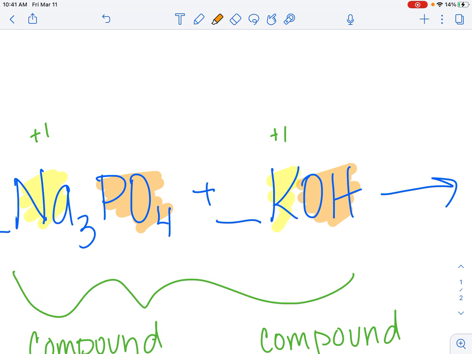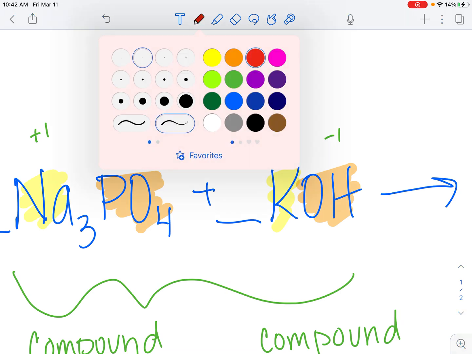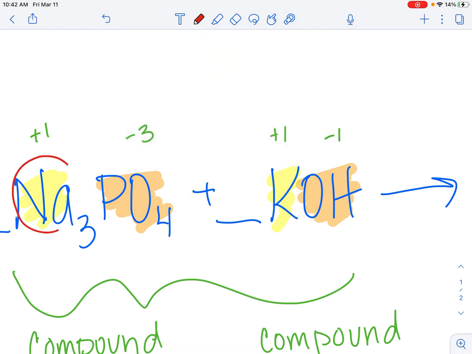I know those because I memorized them in my last unit like I was supposed to. Phosphate, if I look it up in the back of my periodic table, has a -3 oxidation number. Hydroxide has a -1. So it makes sense here that I will flip my two metals. Sodium and potassium will switch partners so that the ionic attraction is still there.